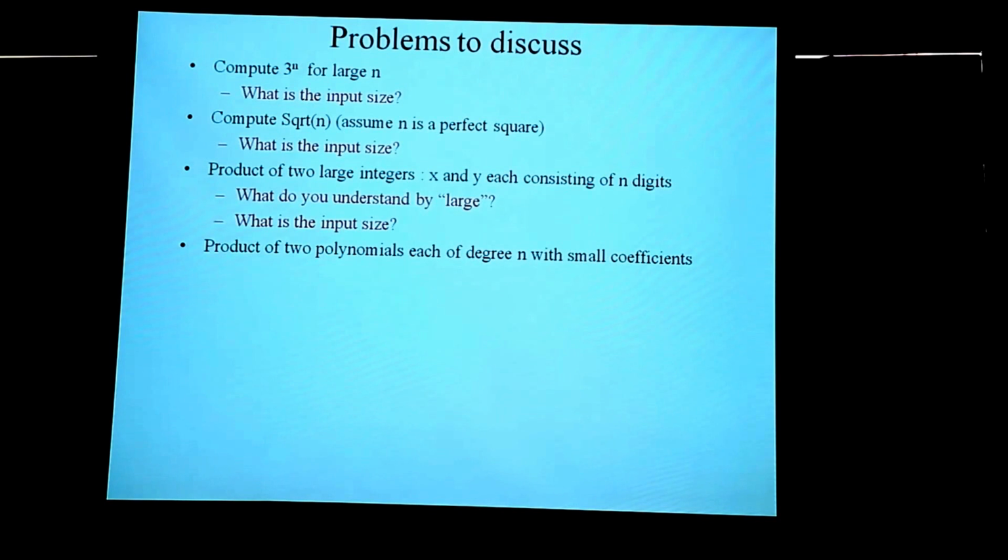Product of two polynomials each of degree n, or let's say n minus 1, with small coefficients. Okay, so let's see what is this. First of all, let me just give you an example of this. What is this?